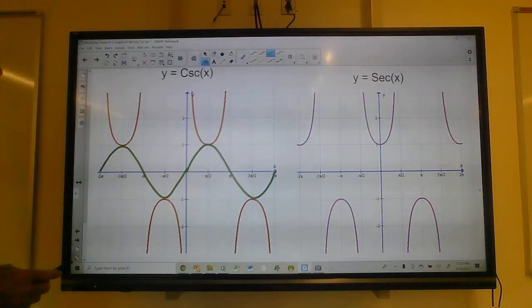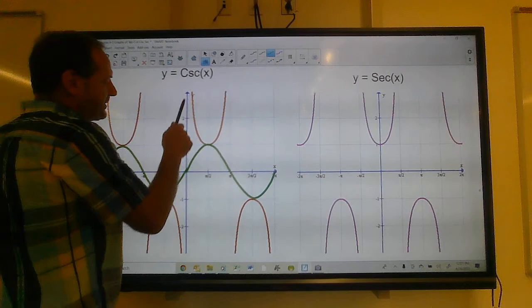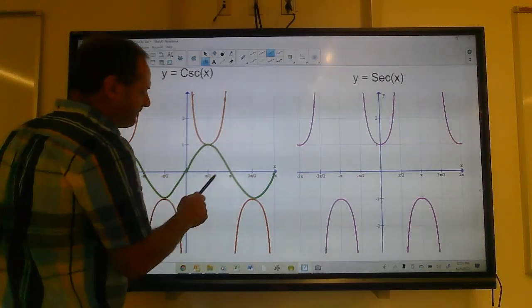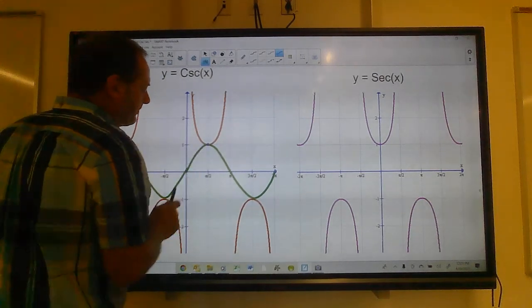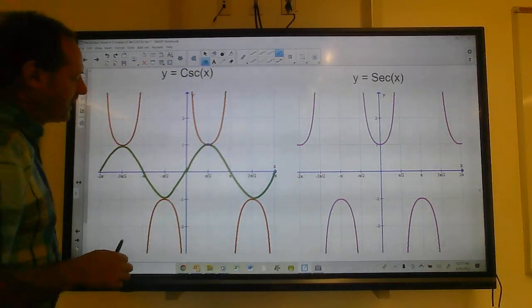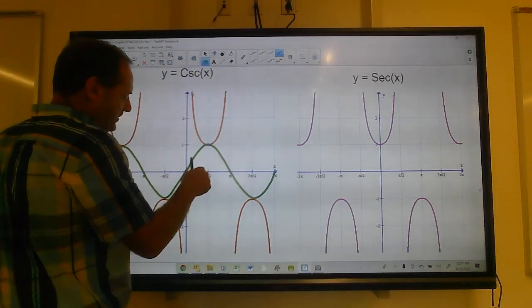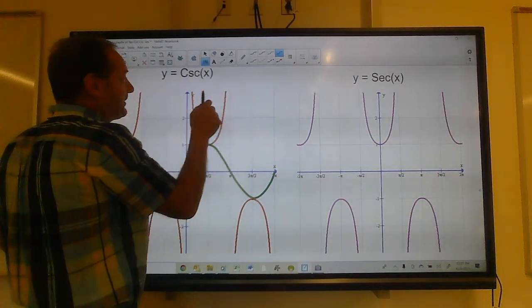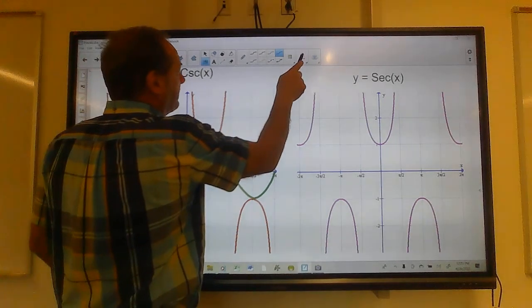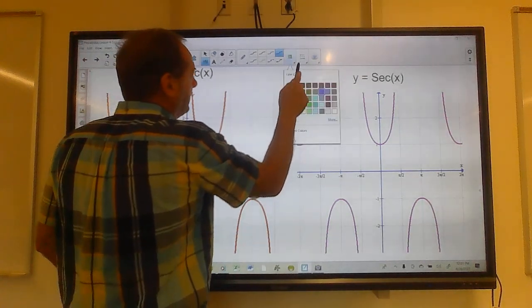And so you can really see that the cosecant is a reciprocal of this. So here the value is 1 for both of them. Okay, and here as this gets smaller, this gets larger. Here where it's 0, I have an asymptote, and it's because it approaches infinity.